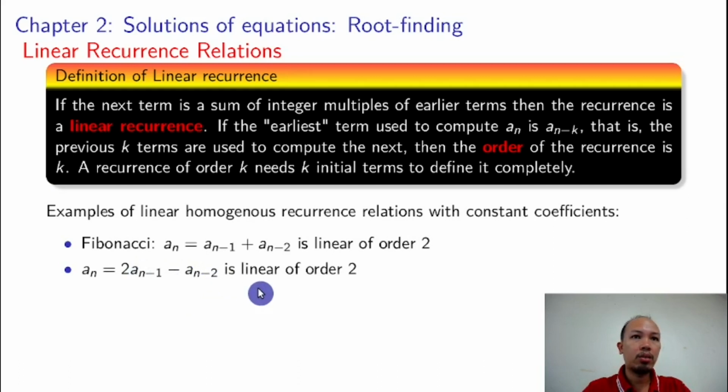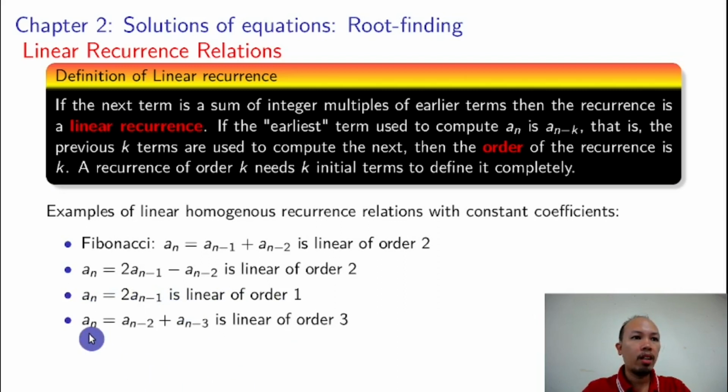Our k here is 2. The next sequence is of order 1, expressed in this form. This sequence is of order 3, though there is no n minus 1 term here. The highest is k equal to 3.